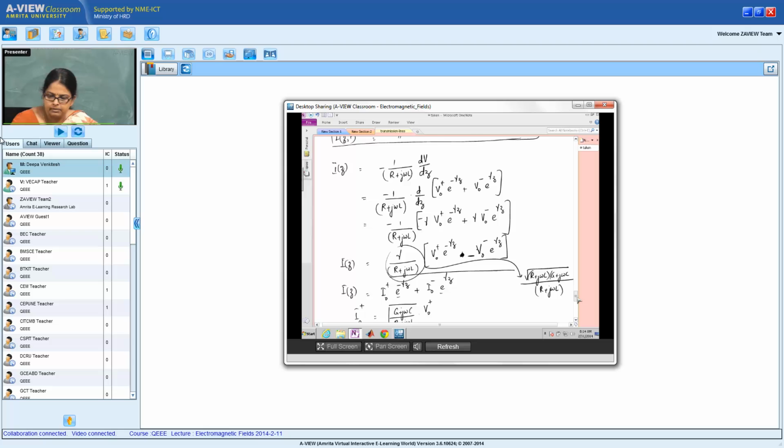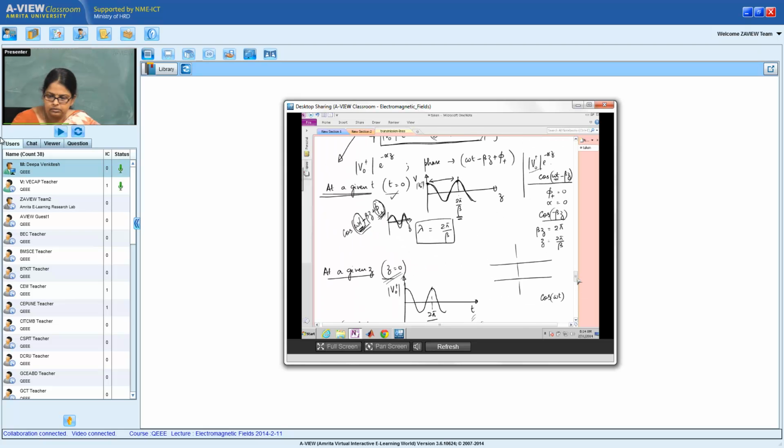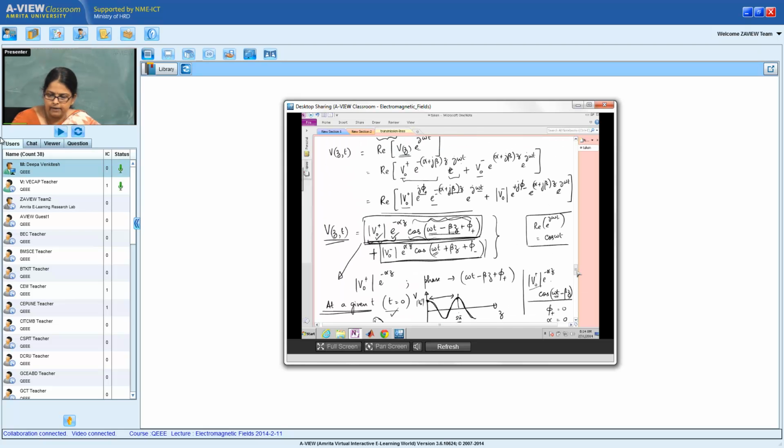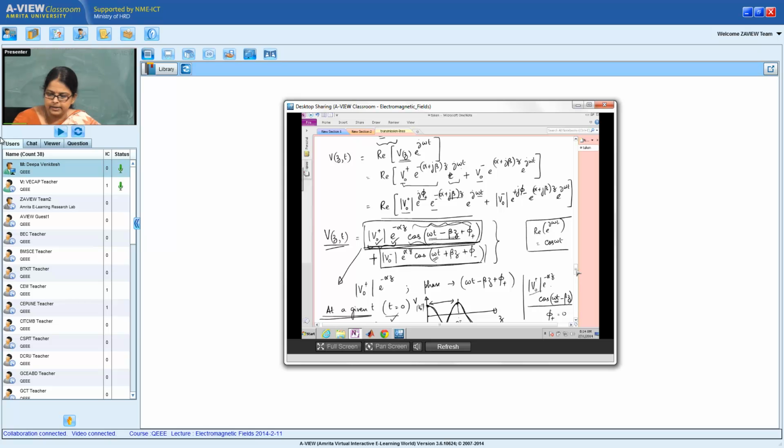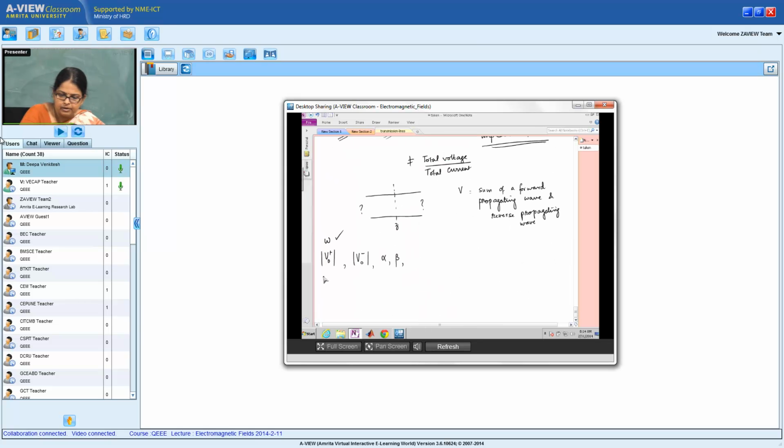And I have a phi plus and a phi minus. This phi plus is the phase associated with V plus, and phi minus is the phase associated with V minus. Okay. So V naught plus is what I wrote as mod V naught plus e power j phi plus.